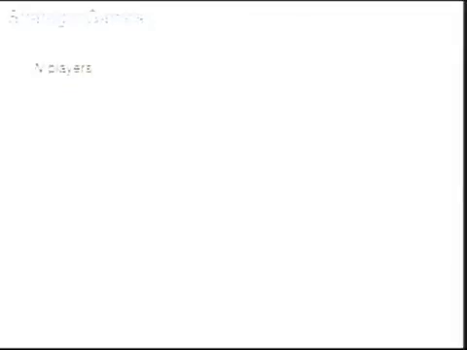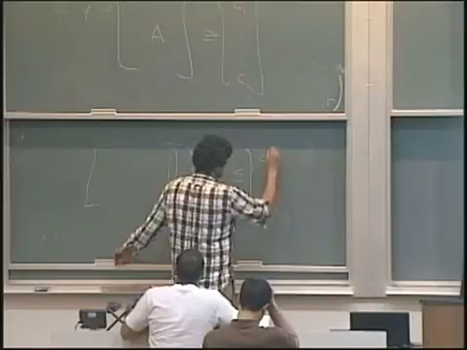Okay, so for our example in matrix form, let's look at our example. It's less than or equal to, less than. 4, 3, and 7.